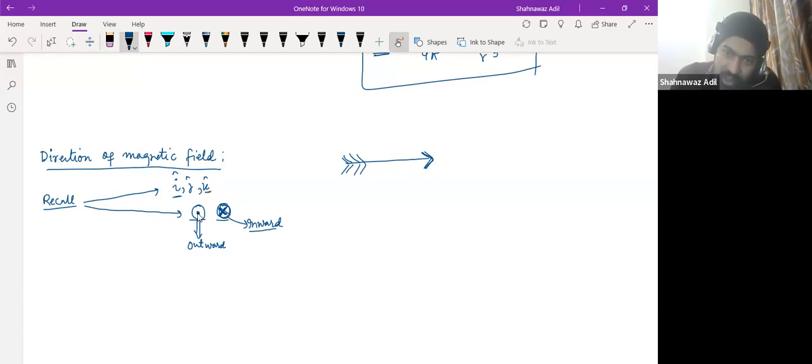So this dot is what direction? Because inward and outward is the k hat direction. So what is this dot direction? Is it k hat or minus k hat? So minus k hat. Minus k hat is into the screen, right? So this is k hat, and this is minus k hat, right?